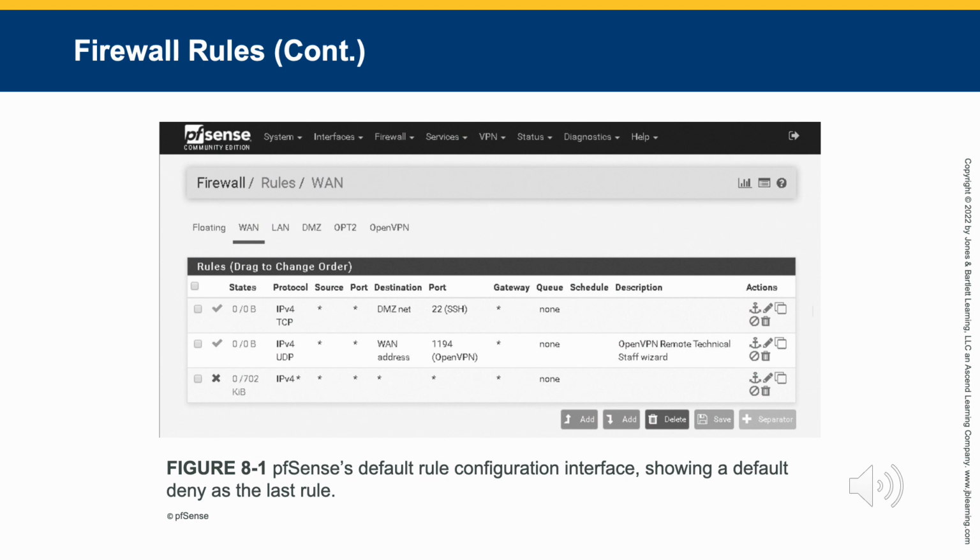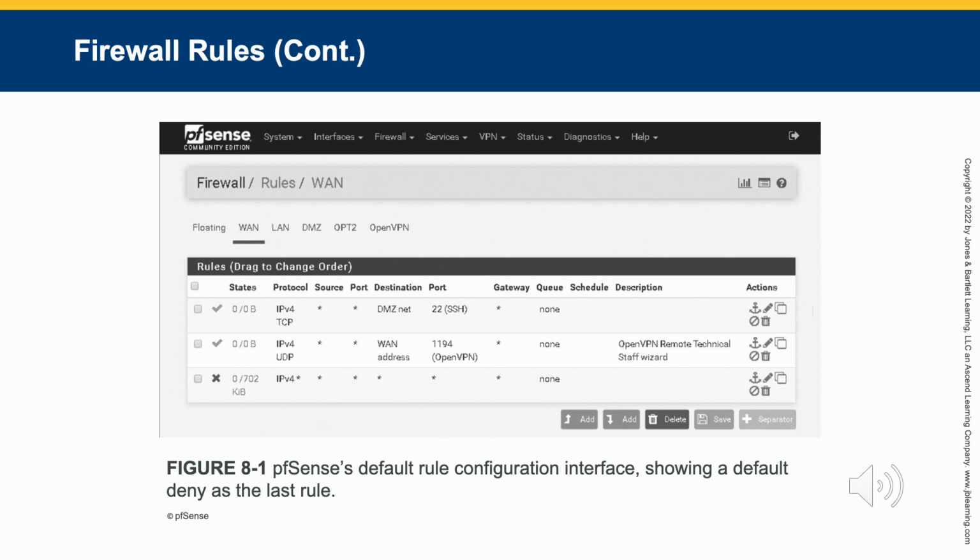Here we see the pfSense firewall interface and the default rule configuration interface showing a default deny as the last rule. Firewalls read an access list, which this is, from the top down and in order. So the traffic gets validated against the first rule, which is IPv4, TCP protocol, destination DMZ, port 22 or SSH.